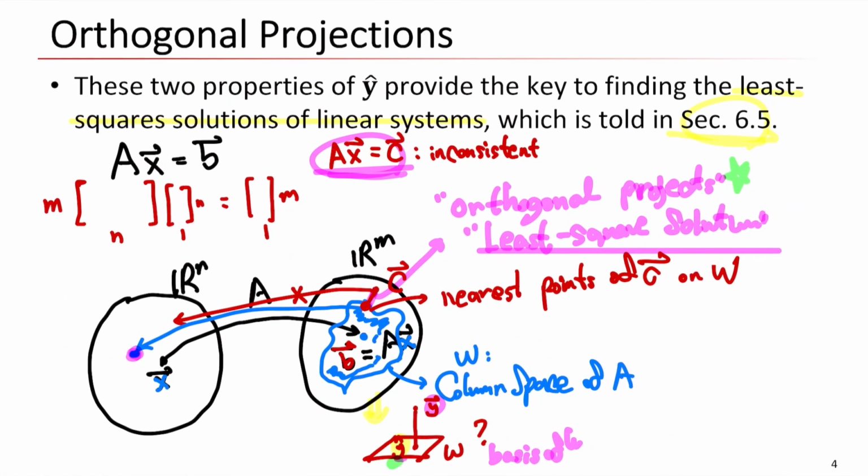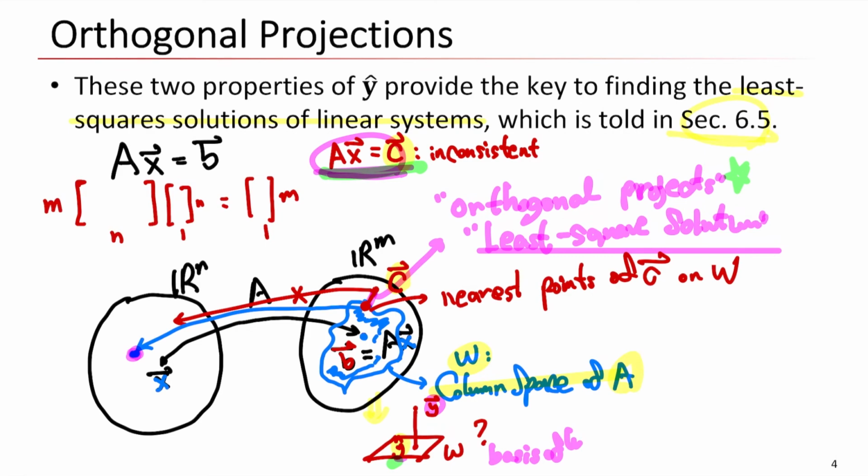If we have Ax equals b that has no solution, then we can represent the column space of the matrix A, called W, and given b, then in this case we can find b hat similar to y hat.